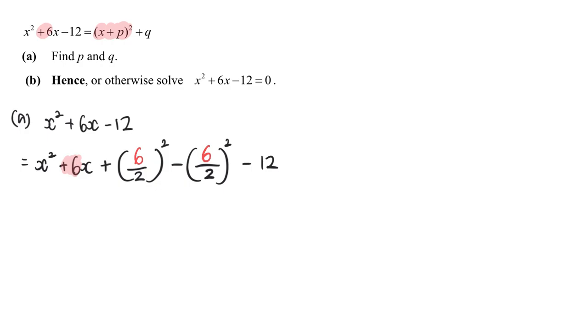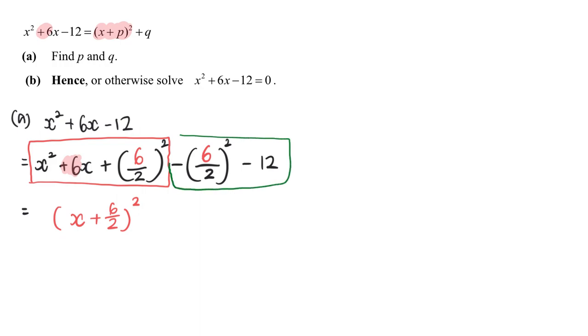And after which, this will become x plus 6 over 2, and if you calculate this well, this will give me negative 21.